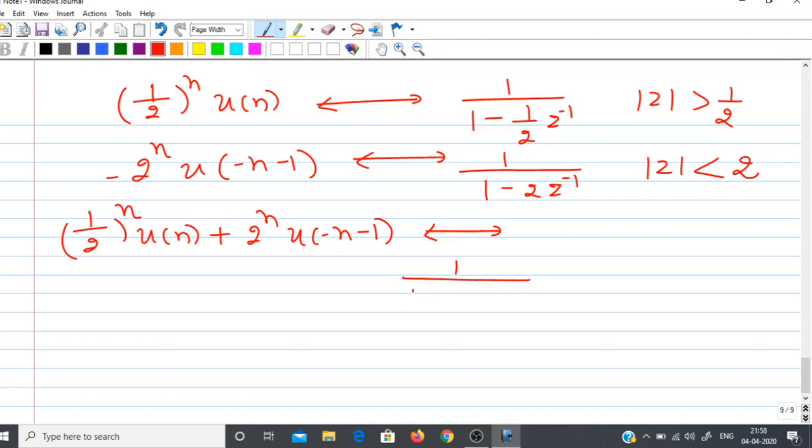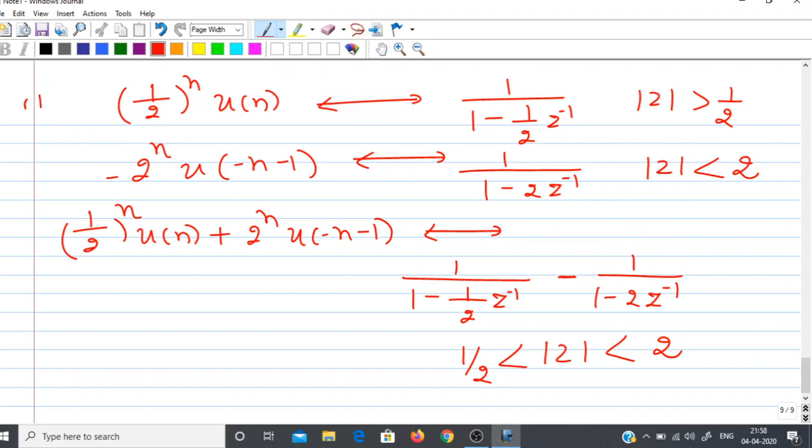It is 1 upon 1 minus half Z inverse, minus, because I have not taken the minus sign here, therefore the minus sign will come here, 1 upon 1 minus 2 Z inverse, with mod Z greater than half and less than 2. So these are the three different examples which we have worked out. Now what conclusion can we make from these three examples in terms of ROC?